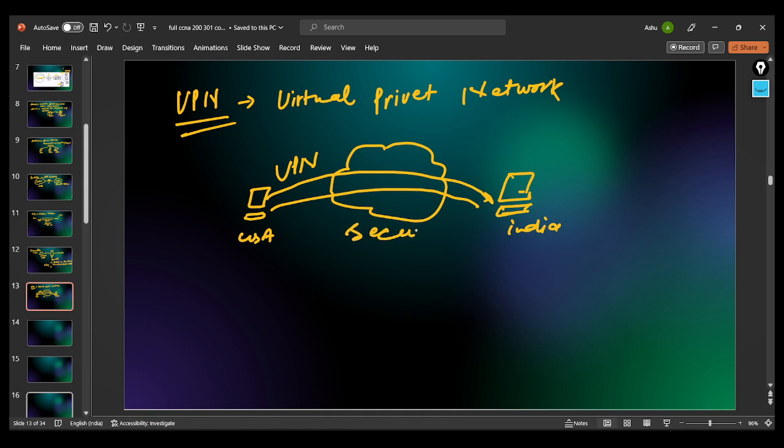When we say secure, then their security is provided with the help of IPsec, SSL. Clear? These are the protocols. IPsec works at the network layer of the OSI model. So the OSI model is the backbone of networking. In the syllabus, I will provide everything about the OSI model. Clear?